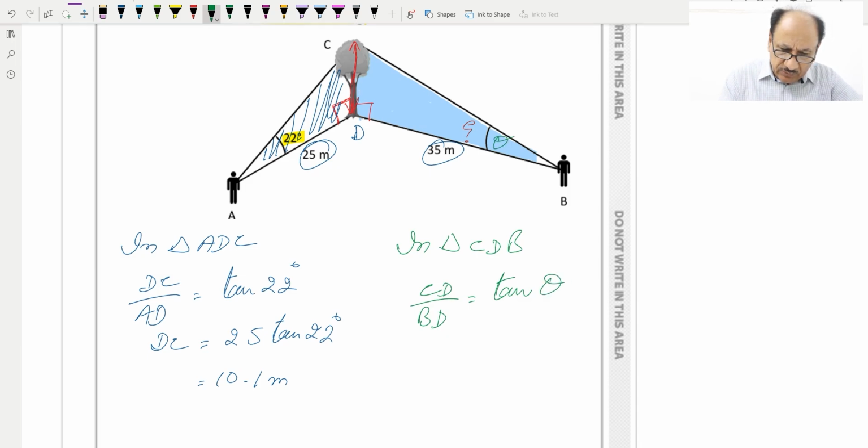So CD, which we just calculated, 10.1, over BD, which is given as 35, will be equal to tan theta, and theta will be equal to tan inverse of 10.1 over 35.